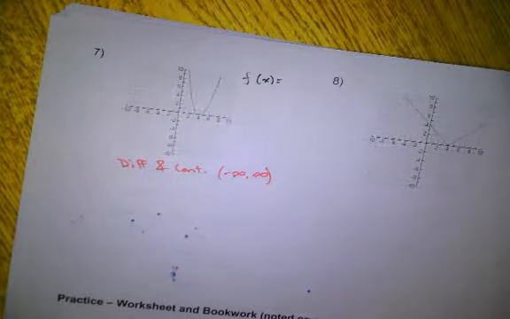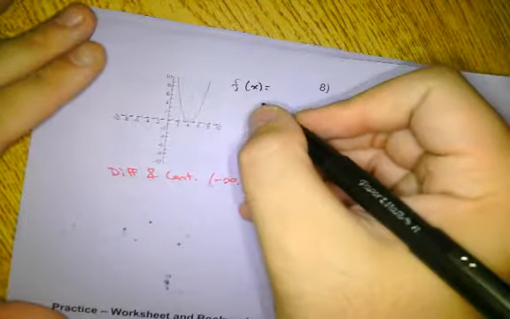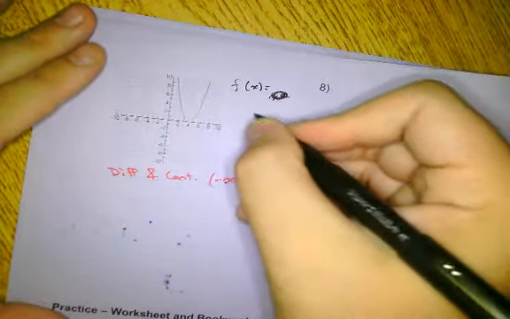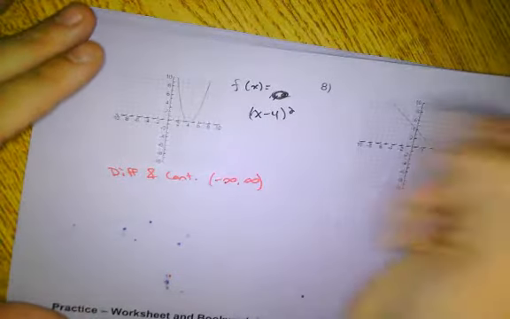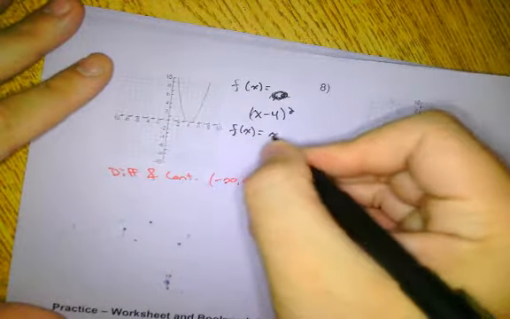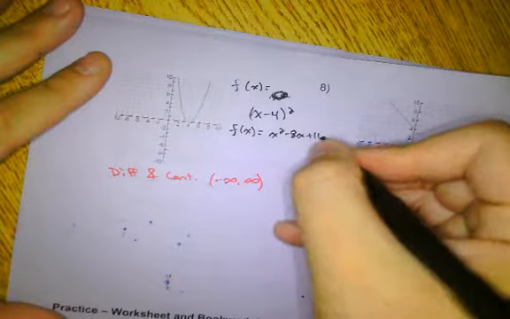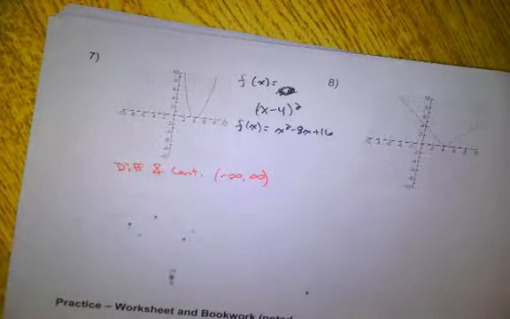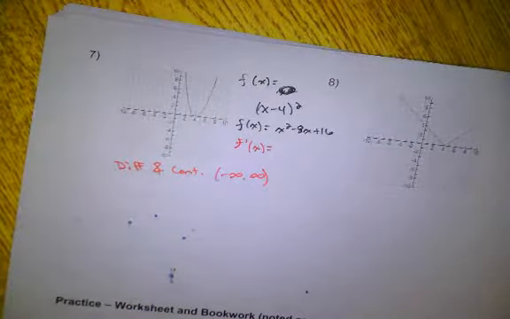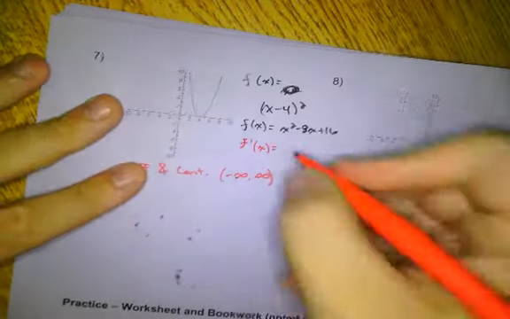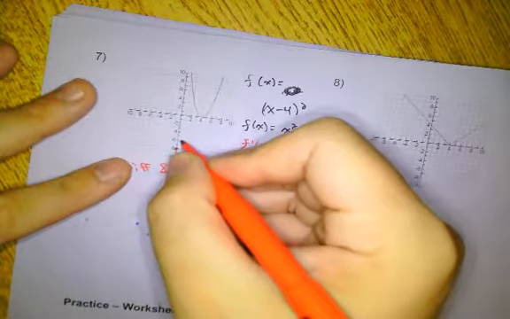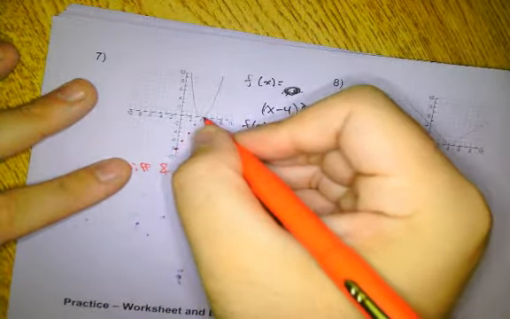Well, it's x squared that's been shifted. It's x minus 4 squared. So what? It's x squared minus 8x plus 16. Using our shortcut, what's f prime? So at 8, rise and run 2.